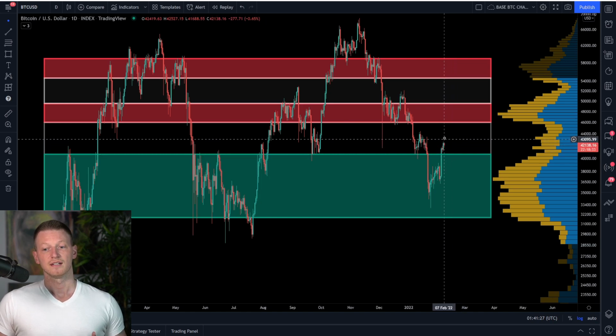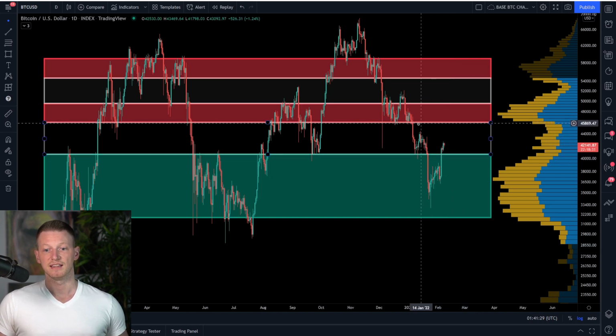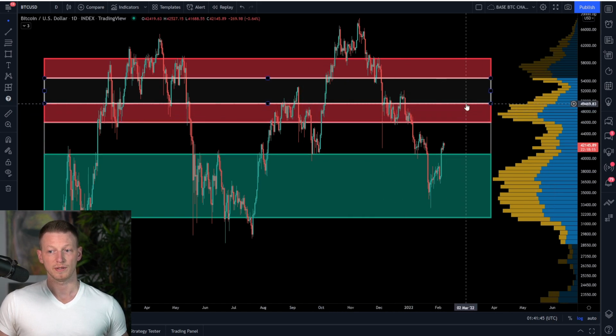Then what we're looking at is this as a level of resistance, and that's this $40,600 level, or sorry, $46,000 level. And you can see right here, there's quite a bit of volume traded from this 46,000 all the way up to around $50,000.